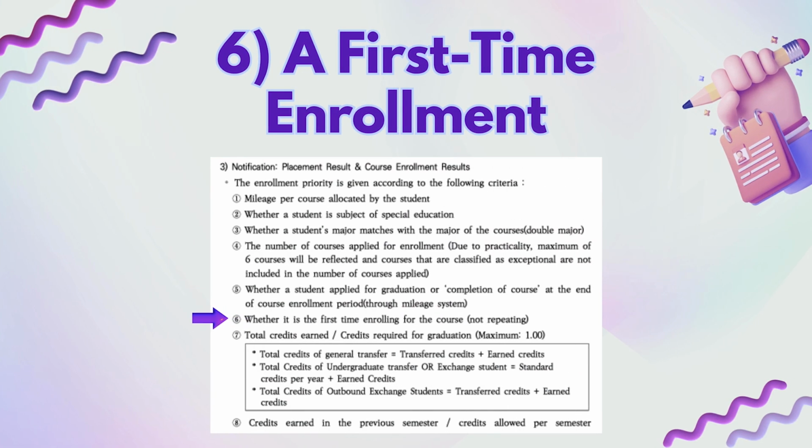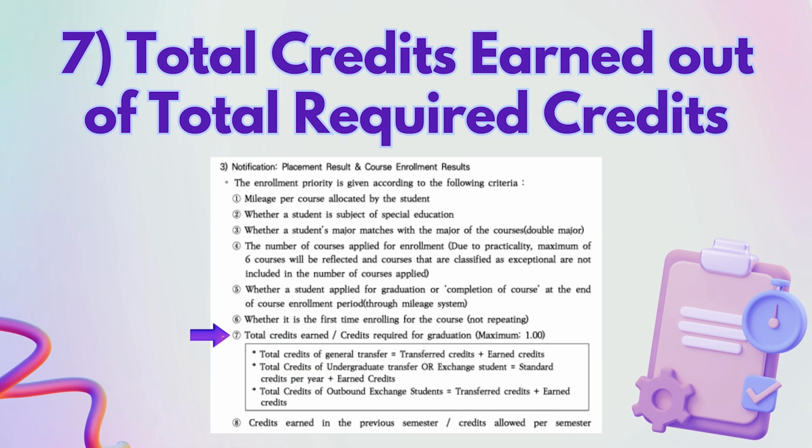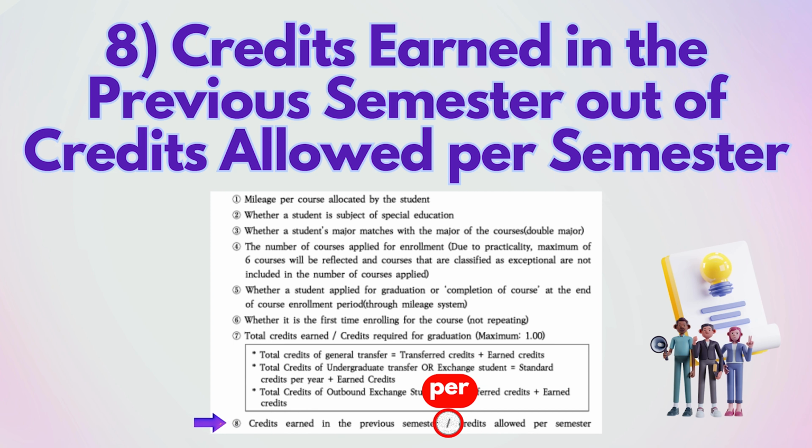The sixth criterion is whether a student is enrolling in the course for the first time. Seventh is total credits earned or the credits required for graduation. The final criterion is the credits earned in the previous semester or the credits allowed per semester.